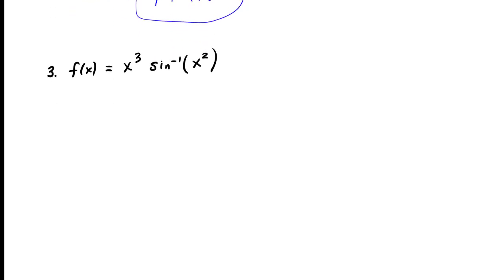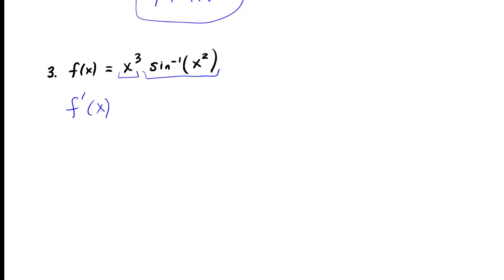Now if I go down here and I want to do the derivative of x cubed inverse sine of x squared, what's the first thing I see? Well, I have to identify the structure right here. This is a product. Don't be swayed by seeing the inverse sine. That'll come. The first thing I see is I have a product.